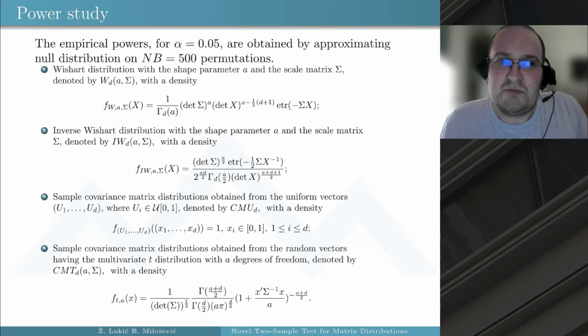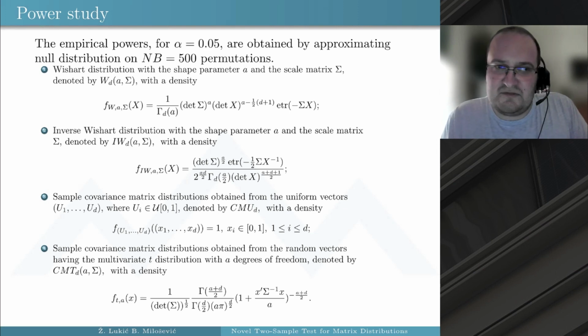Yes, it very much can be extended to any matrix distribution family you'd like. Here, we have just given some of the alternatives. Also, this list naturally can be extended to any type of matrix distributions.